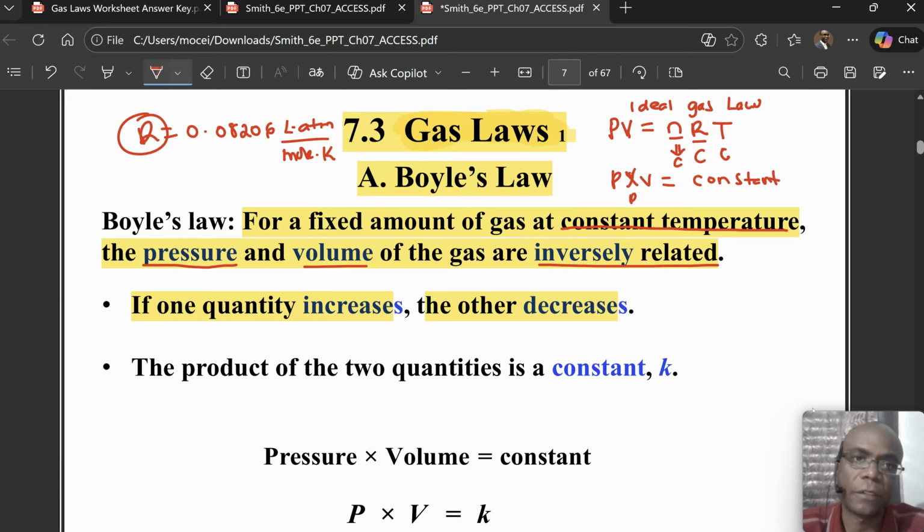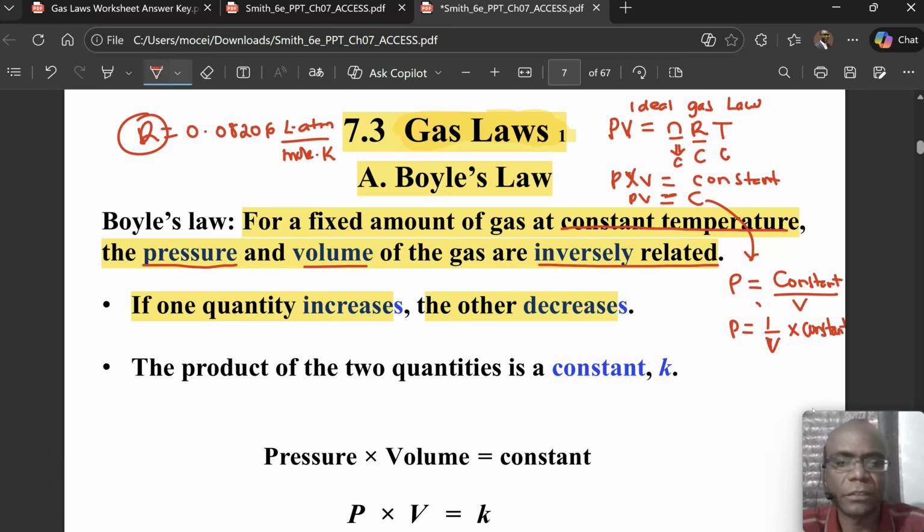And therefore, if PV equals a constant, call it C, or K if you want, then I can say P is going to be equal to my constant over my volume. Or I can also say P equals 1 over V times the constant.